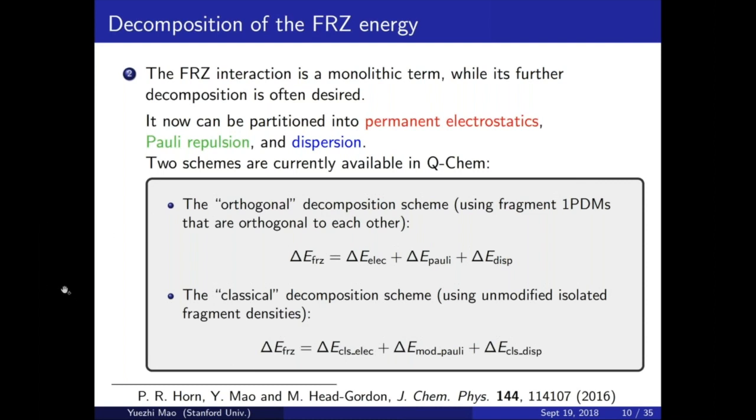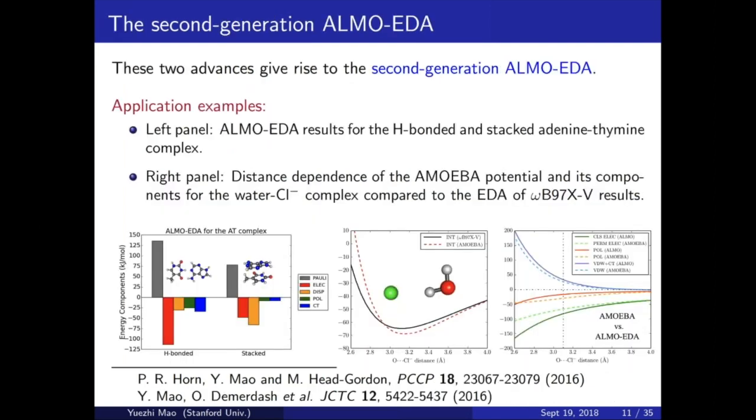And the second one is called the classical decomposition scheme, which uses unmodified isolated fragment densities. And the second approach is quite useful for things like a molecular force field, because it can easily find its counterparts in a force field. And so these 2 advances give rise to the second generation ALMO-EDA.